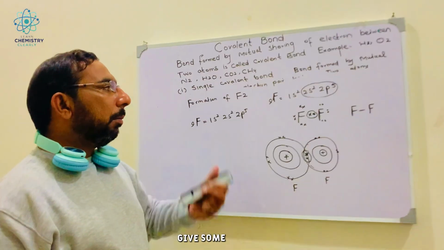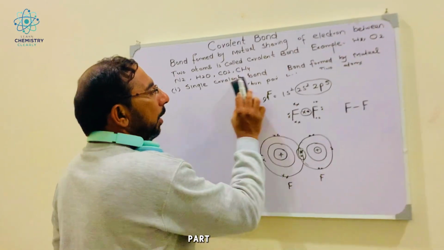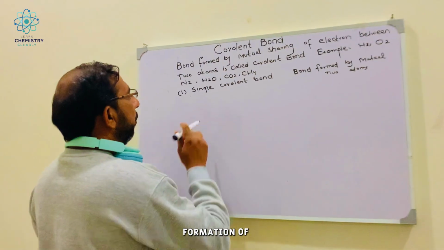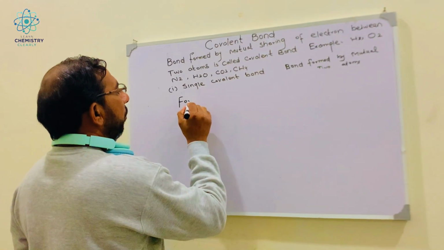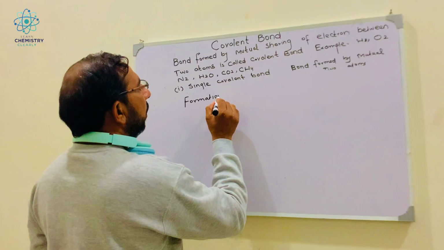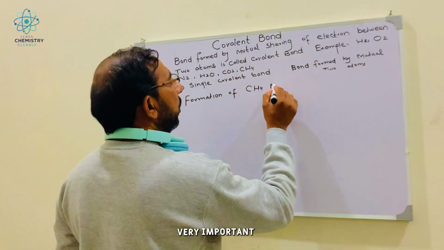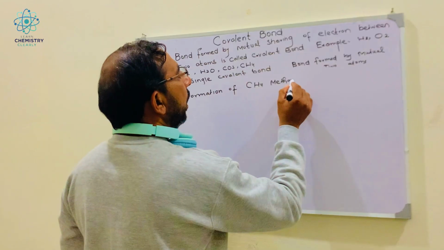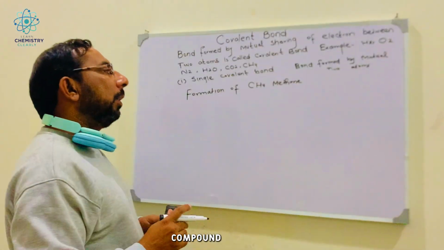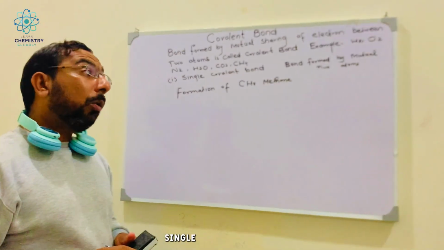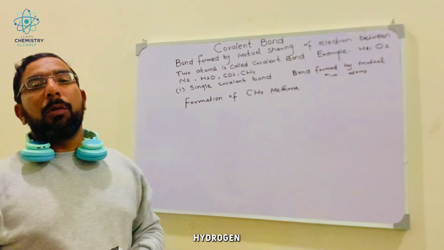And I can give some other example of this bond like formation of methane. Formation of methane, you know that methane CH4 is a very important organic compound, and in this compound there is single covalent bond between carbon and hydrogen atoms.